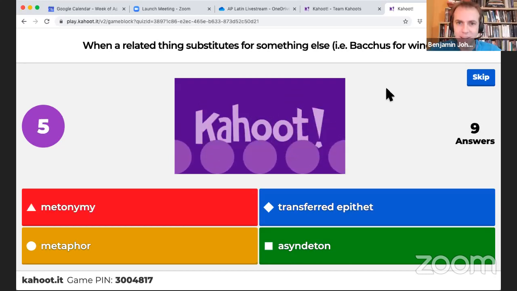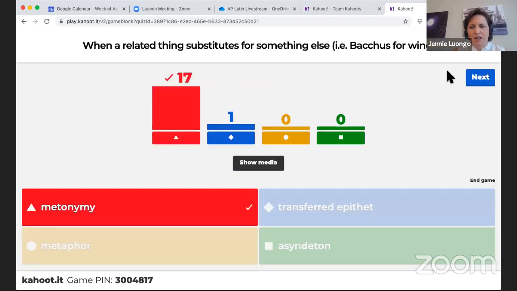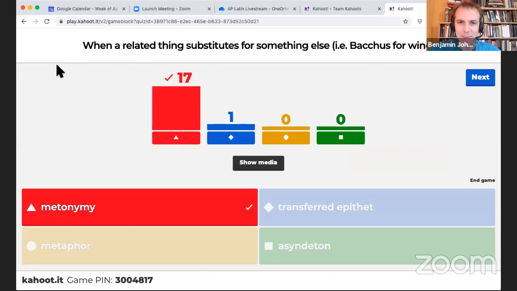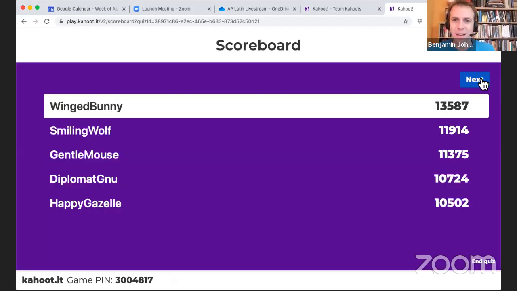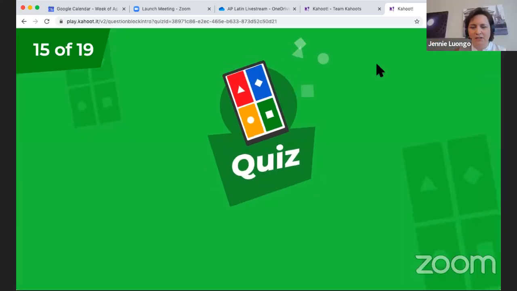All the lines start running together for me. Everyone knows metonymy. Good job. I remember struggling with the more abstract metonymies when I was in my 20s, like the pen is mightier than the sword, or the crown desires something. It can be tough. It's an abstract concept, but they seem to have Bacchus for wine down well.